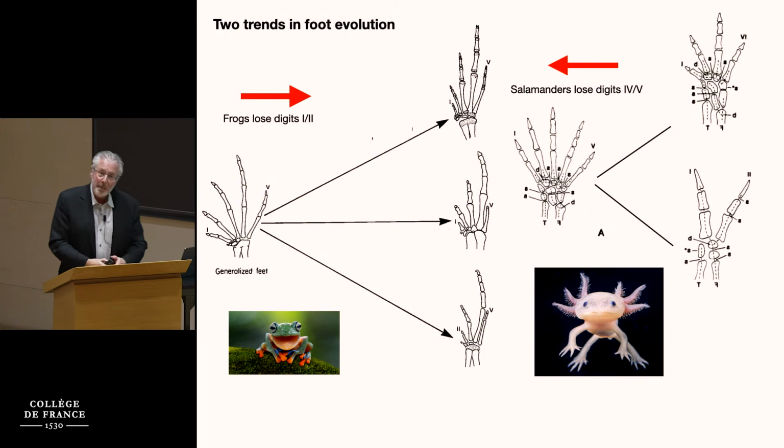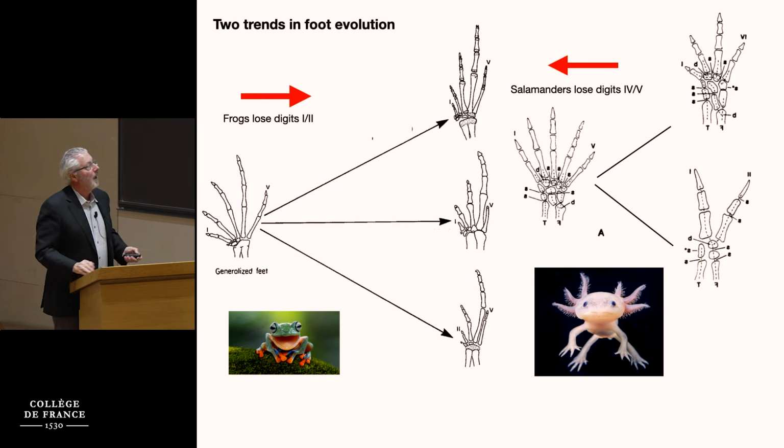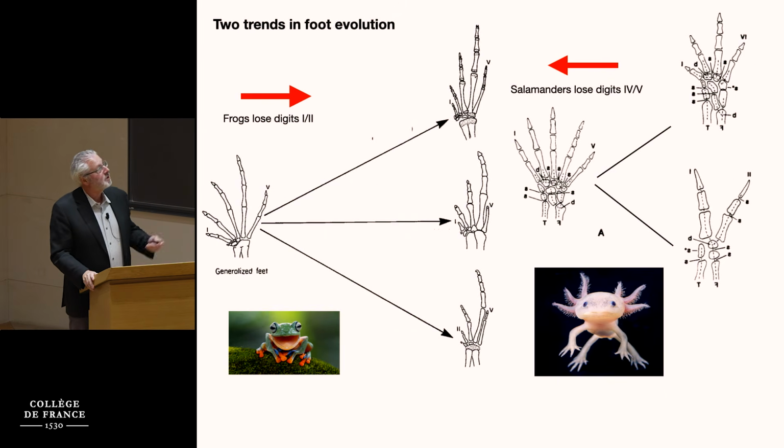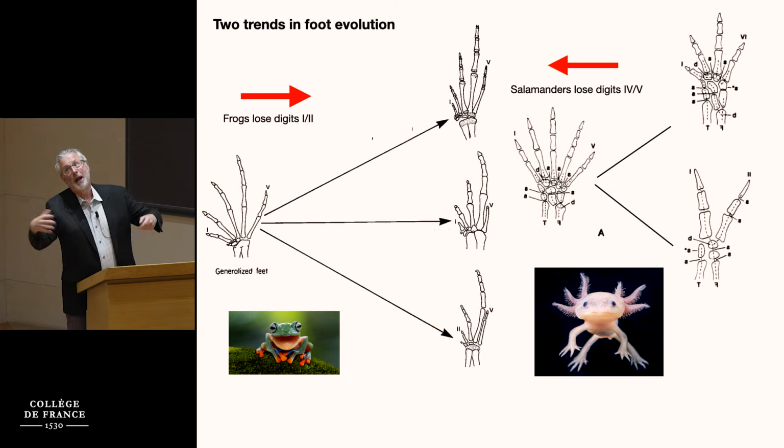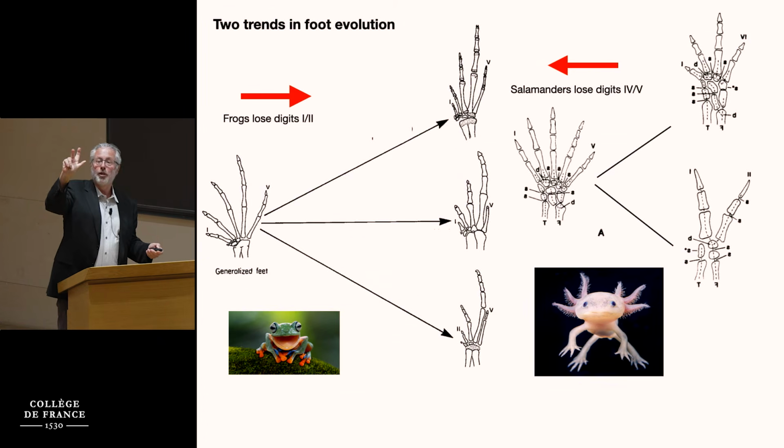And the dominant trend in the evolution of salamander feet is a reduction in the number of digits. You have 4-toed ones, you have 3-toed ones I'm not showing, you have 3.5-toed ones, you have 2-toed ones, you have 1-toed one. But if you use a count of the phalanges, what they typically do, exclusively, I shouldn't say typically, exclusively, is they tend to lose digits 5 and 4 preferentially, and then 3.